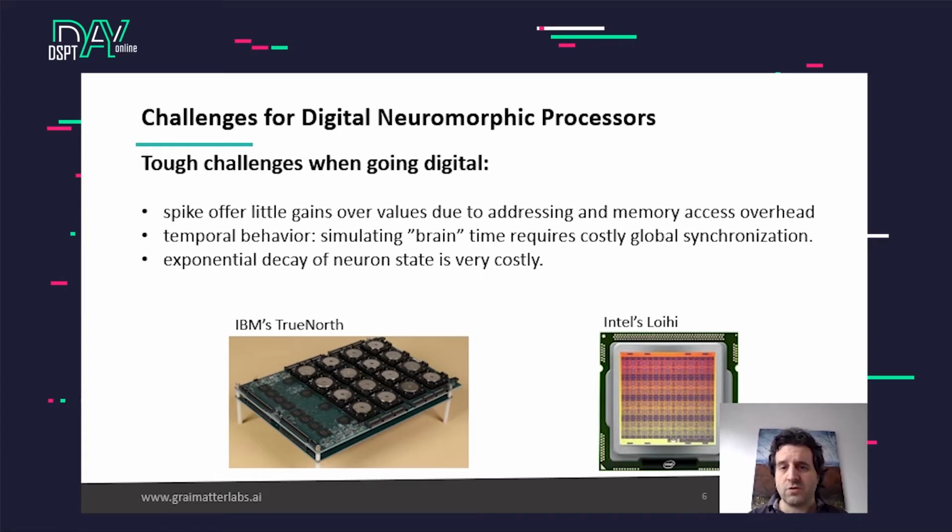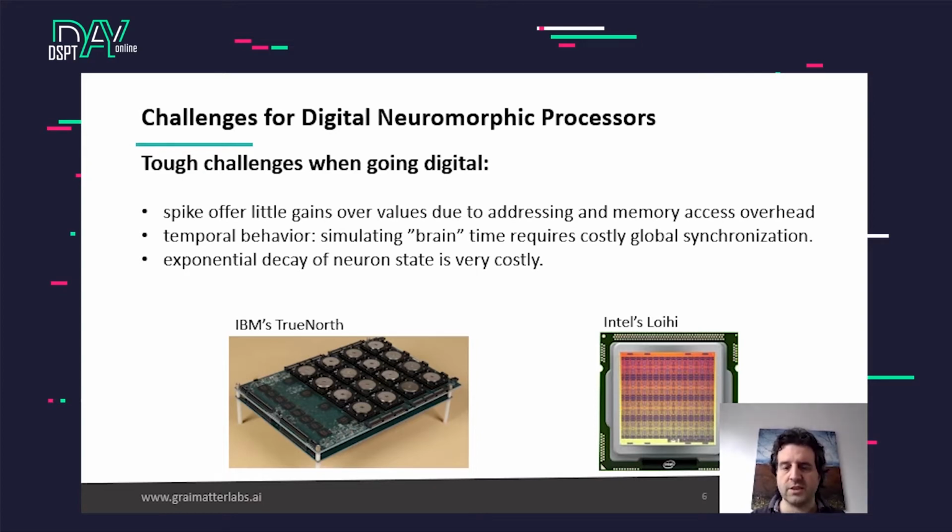But actually, if you think about it, if you're working with silicon, we have extremely efficient ways of implementing memories. So the state of your neuron is going to be implemented as a memory. And if it is implemented as a memory, you have to address it. And if you think about the size of an address, the amount of data that you have to send with the address is in the same order of magnitude and potentially much larger, if you look at these large chips, as the value.